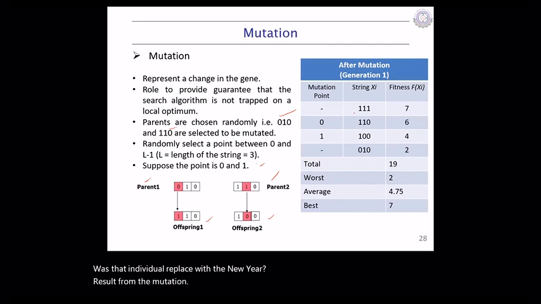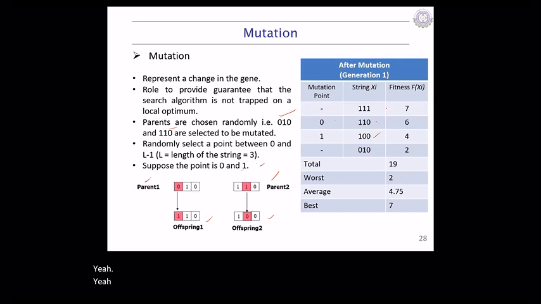With the point 0 here, so 1, 1, 0, we put here, and the point 1 here, becoming 1, 0, 0.